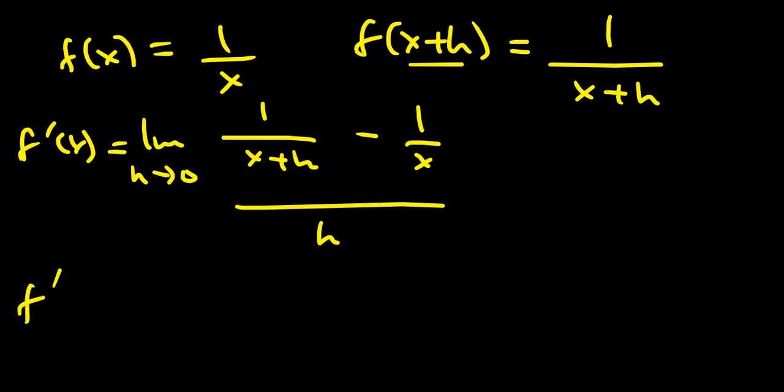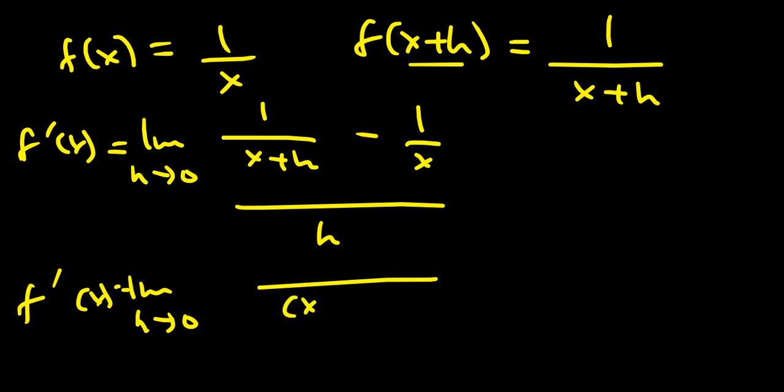I have f prime of x to be equal to the limit as h approaches 0. Then I'll get the common denominator there. It's just going to be x plus h, then x.